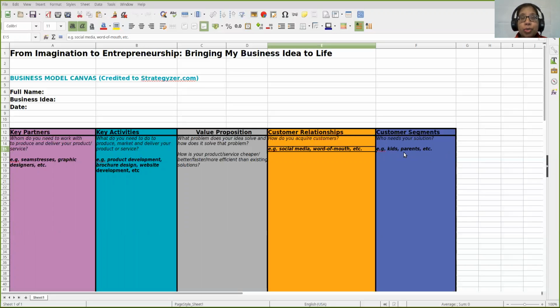Are you going to do a website page and have customers come on and buy your product from your website? How are you going to acquire customers? So that's an important part that you also need to document and brainstorm as well.